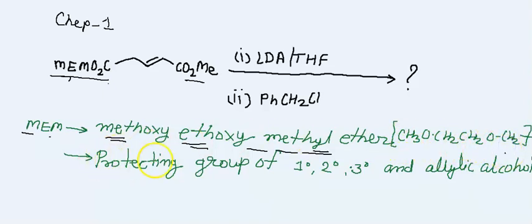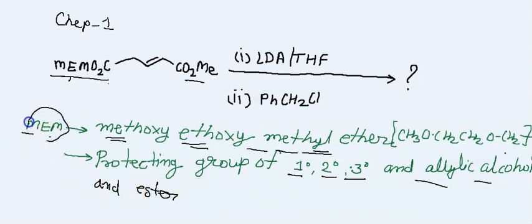This is a protecting group of primary alcohol, secondary alcohol, tertiary alcohol, and allylic alcohol, as well as the ester protecting group. This is a methoxy-methyl ether. I will mention it here.